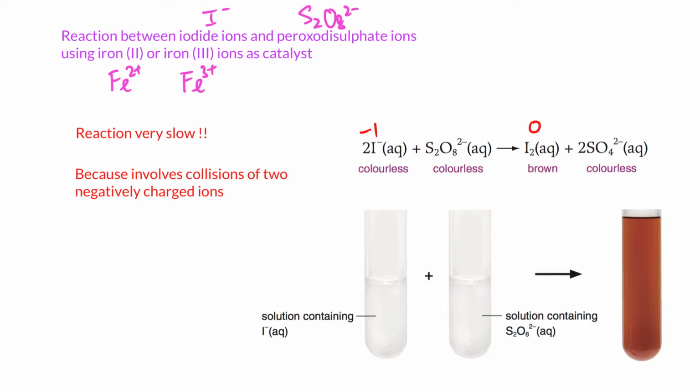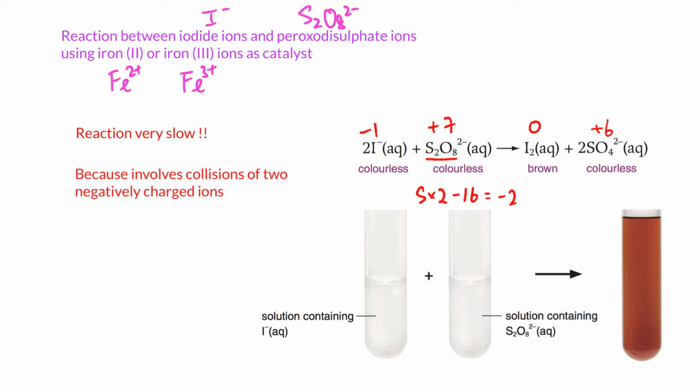For this one, you can calculate S times 2 minus 16 equals negative 2, so this one should be plus 7, yes, plus 7, while this one should be plus 6. You can see the oxidation number changes in the process. Therefore, this is a redox reaction.